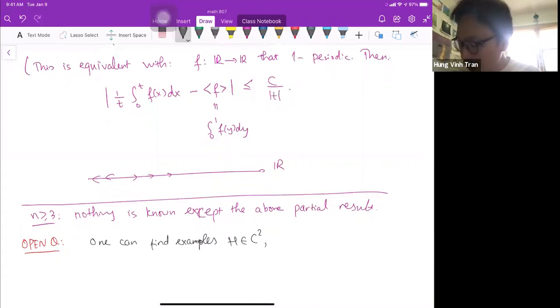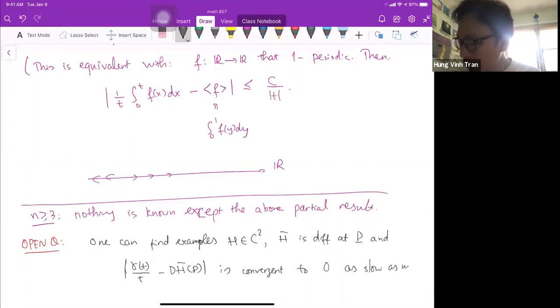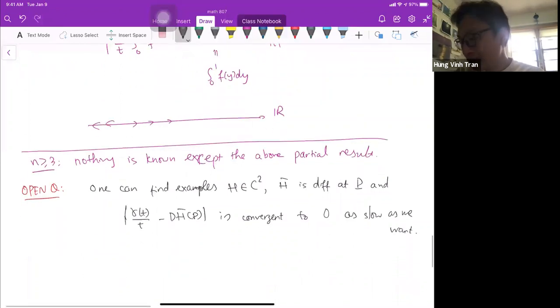So h is C2, and h bar is differentiable at p, and the convergence of gamma t over t minus d h bar p converges to 0 as slowly as we want. That's my belief, and it's quite complicated to deal with.